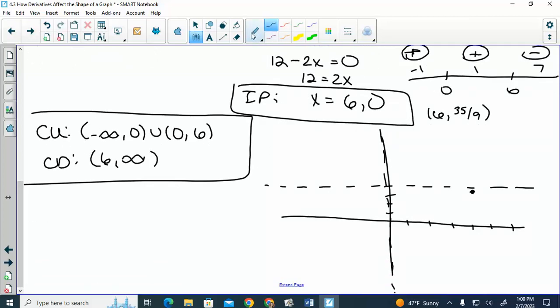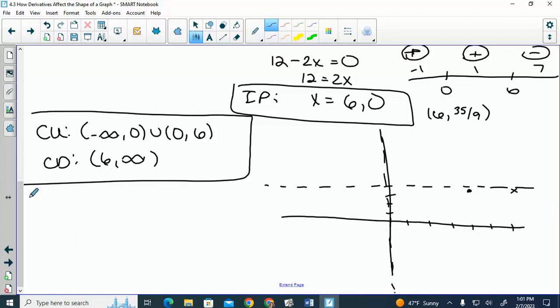And this is really going to be kind of hard to tell from my graph. I didn't do a very good job of this. But, so we had our min here, and our inflection point is even closer to the asymptote than that.